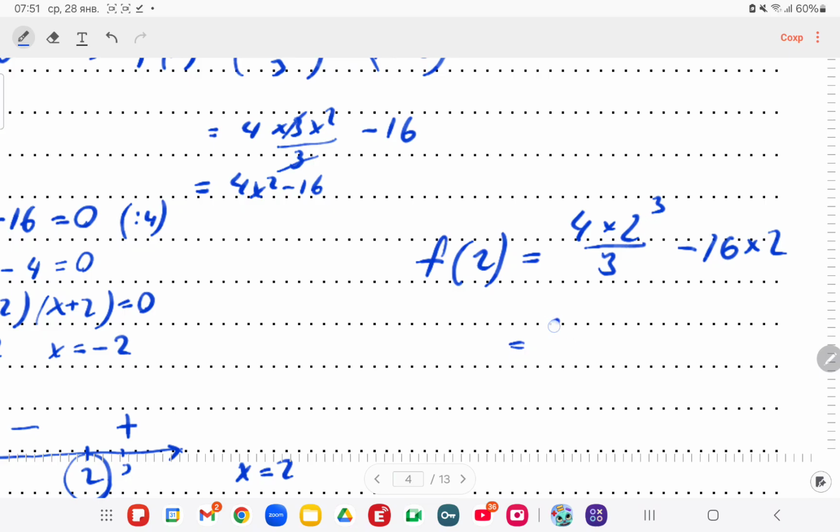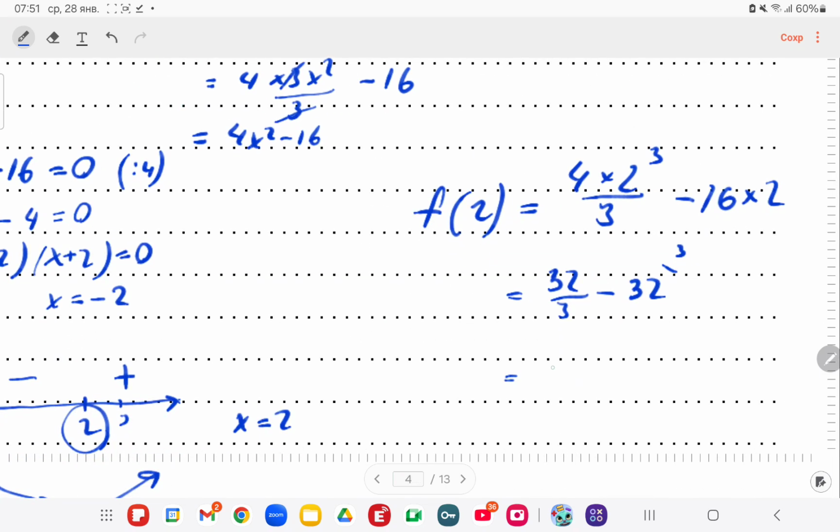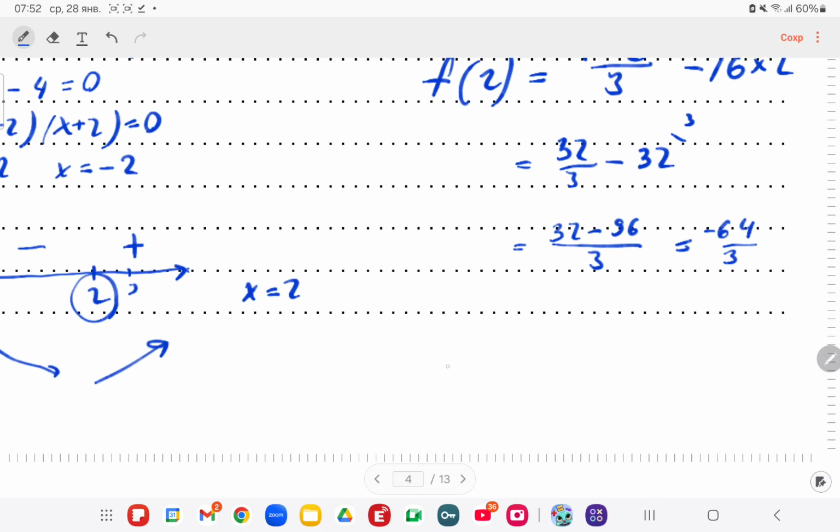It is 32 over 3 minus 32, with a common denominator, so negative 96 over 3. So it is 32 minus 96 over 3, which is negative 64 over 3. So this is the value of q. So p is equal to 2 and q is equal to negative 64 over 3.